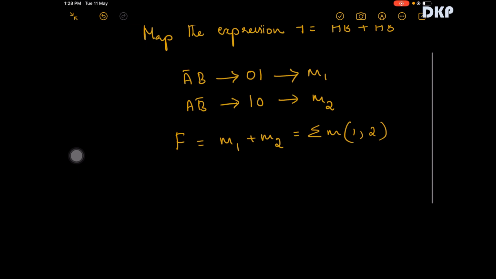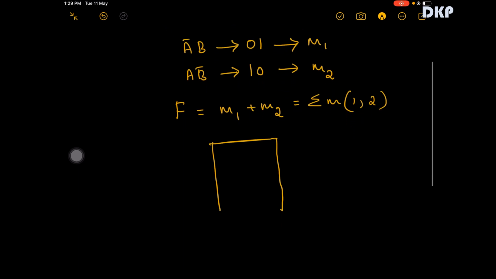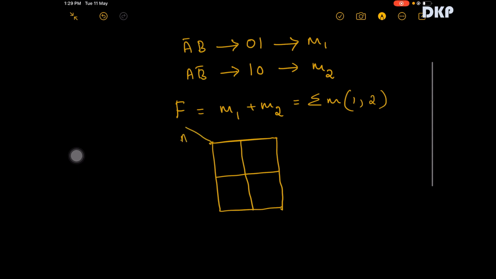Now we can draw the K-map. The two variable K-map consists of 4 cells, 0, 1, 2, 3, 2 rows and 2 columns. So which minterms are present in the output? 1 and 2, that is M1 and M2.